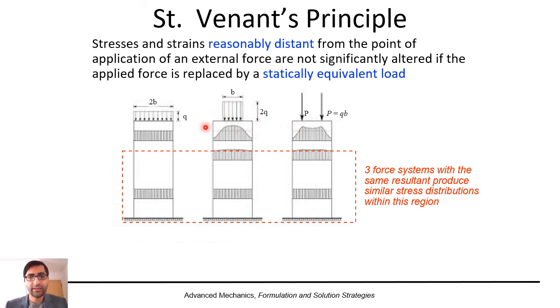So basically, if we find a distributed load or a partially distributed load that gives us statically the same value as these 2 point loads, and we look at a stress distribution far away from the application point of the load, we don't see any difference.